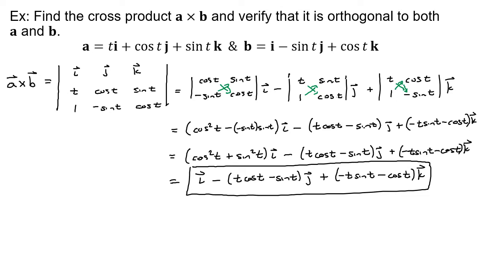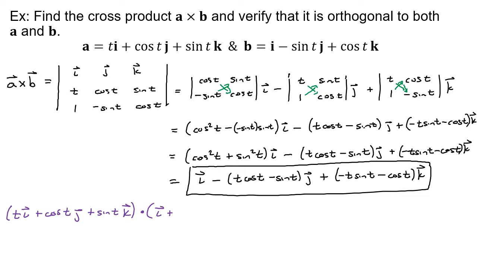And I won't verify both of them, but I'll verify one of them. If I do the first one, a, t i plus cosine t j plus sine t k dotted with the one that I just came up with, the i minus, actually, let's put the negative through here so we can make it all positives.